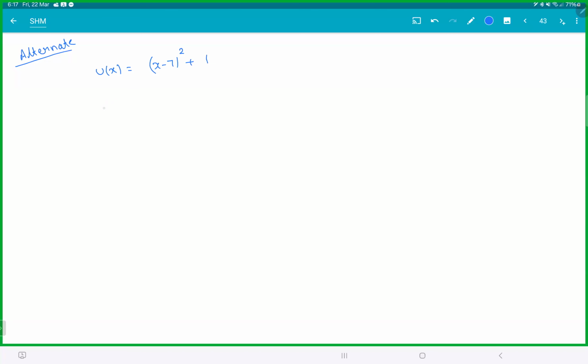You can clearly see when x is equal to 7, U is minimum. Therefore, U min is equal to 1 and kinetic energy maximum is 49. Maximum kinetic energy is oscillation energy. You can play like that also. Either way it works. Both are the same thing.